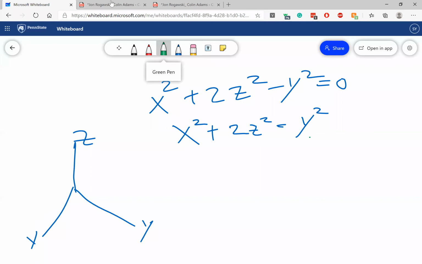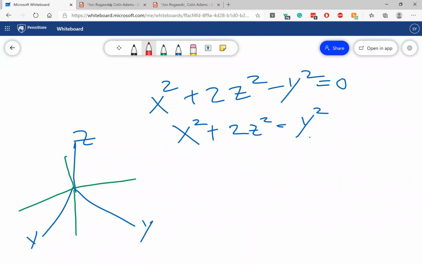When you set z is equal to 0, you get a line in the x, y direction. So that would be a line like that, and another line like that. When you set x is equal to 0, you get another line in the yz direction.